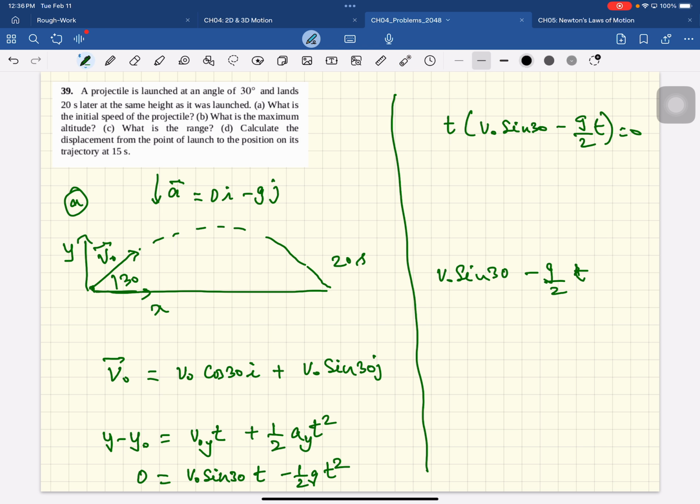So v naught is g t over 2 sine 30, with g 9.8 and t 20 seconds.